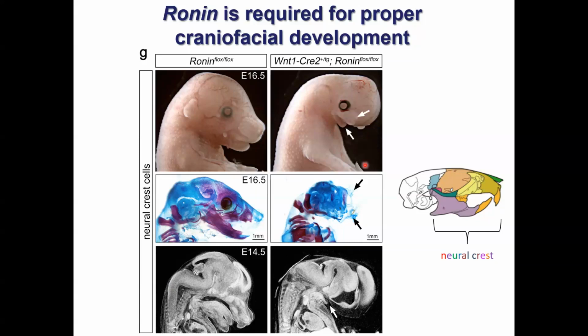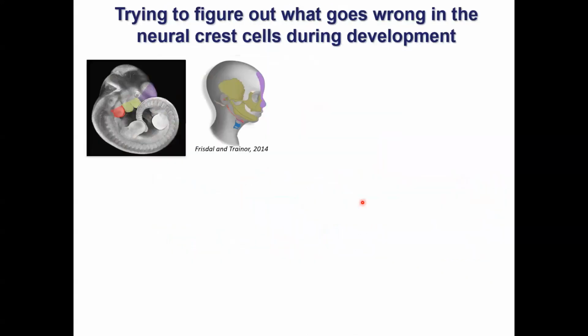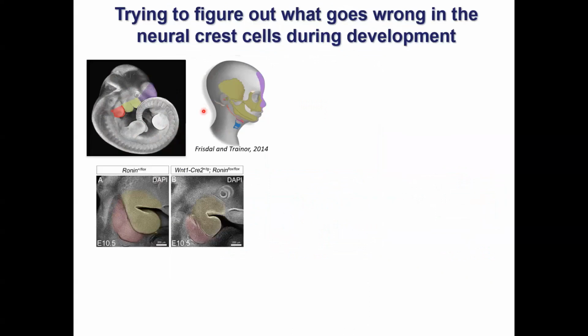When we do that, we get an embryo that is missing all the facial skeleton, and all this skeleton is derived from the neural crest. This is a very dramatic phenotype, which is very cool to see. Long story short, this is where we are right now, and we're trying to go back in the early embryo to see when this defect starts.